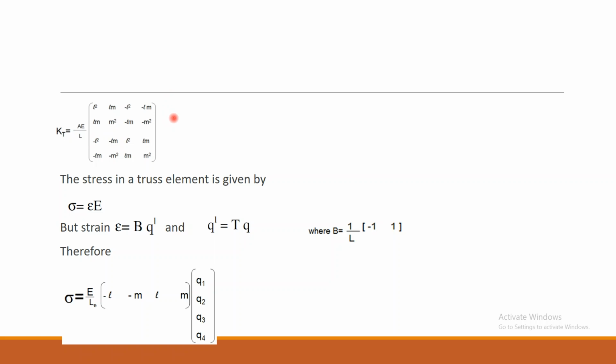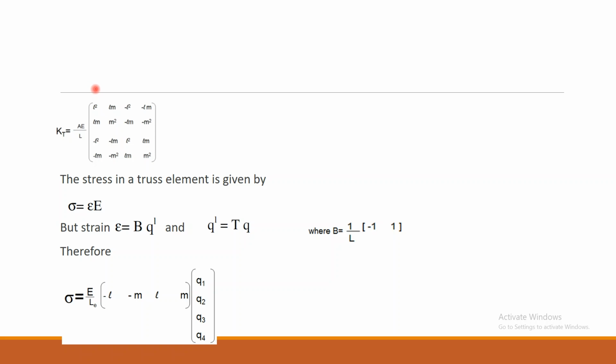Since the derivation has not been discussed, we simply go for the direct equation, that is, the stiffness matrix in the truss element is equal to AE by L multiplied by some factors represented in terms of L and M: L square, LM, LM, M square, minus L square, LM, minus LM, minus M square, like that. So this one represents the stiffness matrix for a single element.